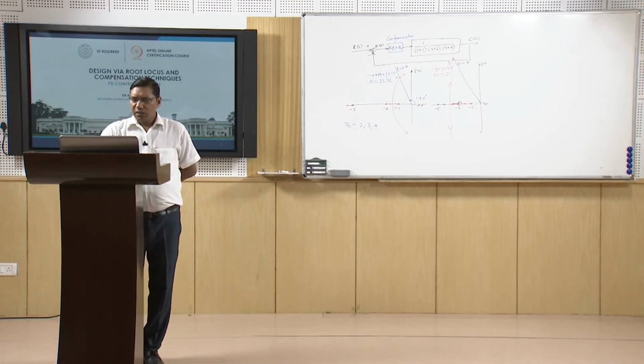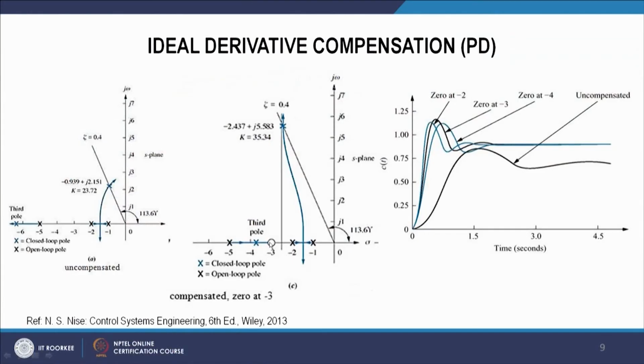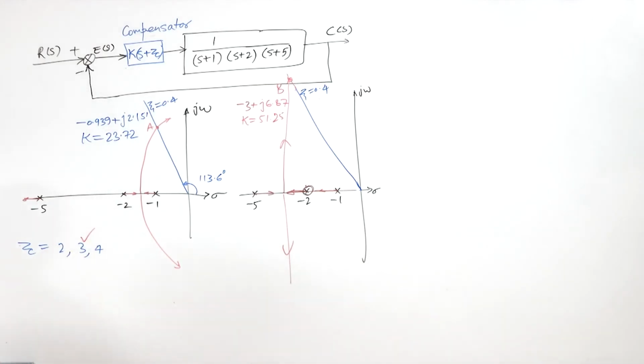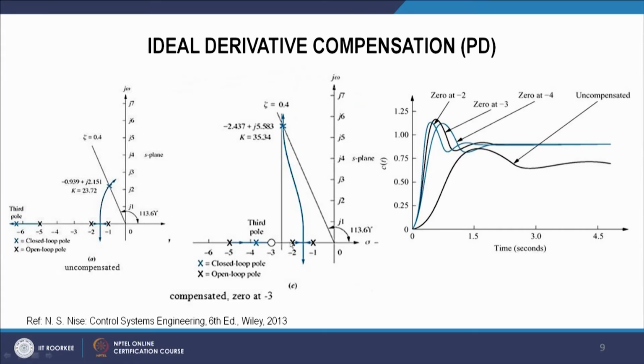Now come to the next one, that is we are adding this zero at minus 3. So we are now taking this part. When we are adding the zero at minus 3, the root locus will always form to the left of an odd number of poles or zeros.